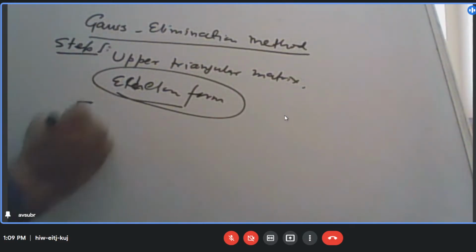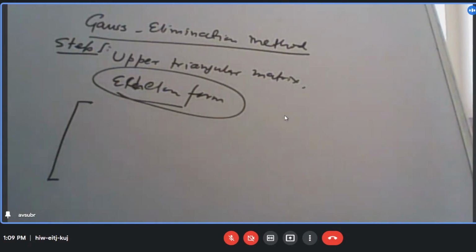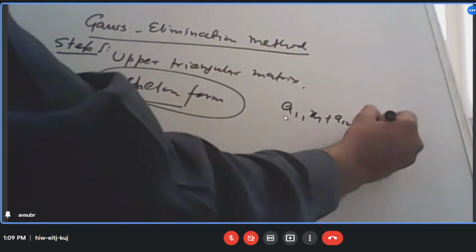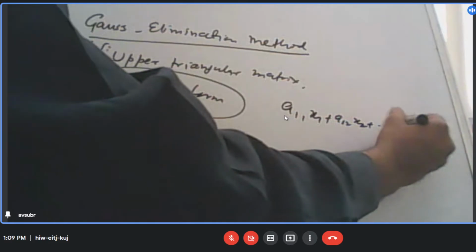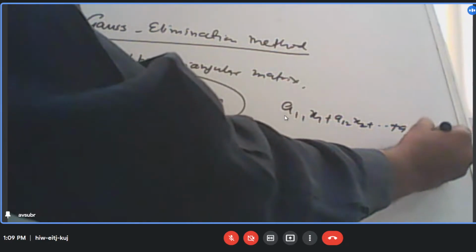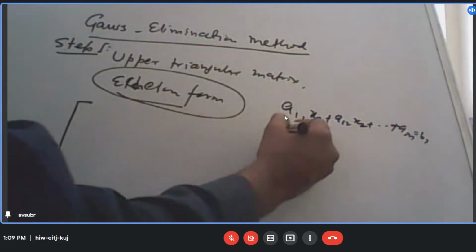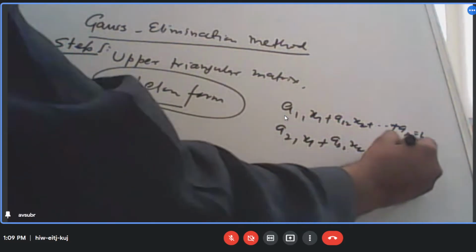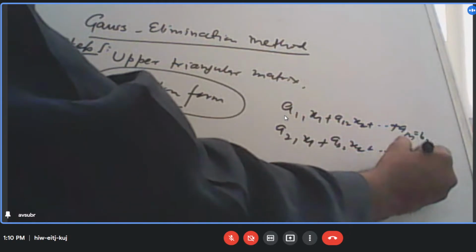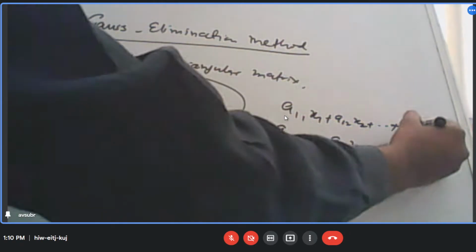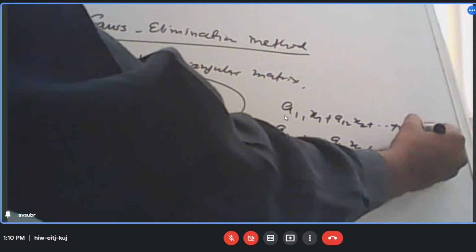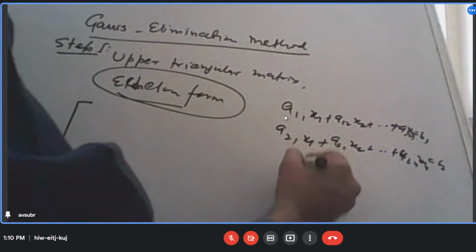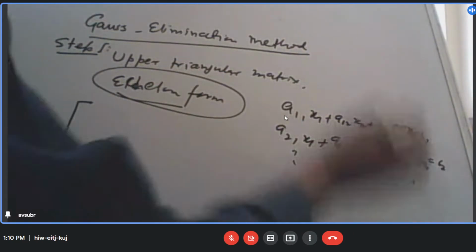So what will we do? If we have been given a system of equations a11x1 plus a12x2 and so on, plus a1n xn equal to b1, a21x1 plus a22x2 and so on and so forth, plus a2n xn is equal to b2, and like that.